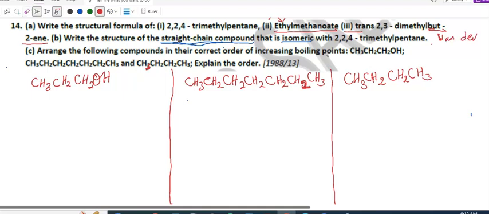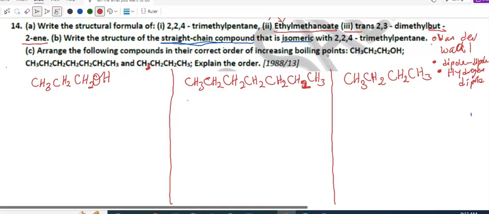Then you remember dipole-dipole attraction, which I told you occurs in polar compounds. You remember hydrogen bonding, a special type of dipole attraction. Okay, I believe you remember all this.